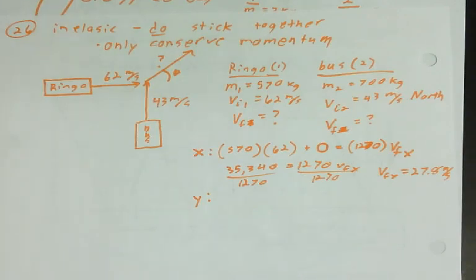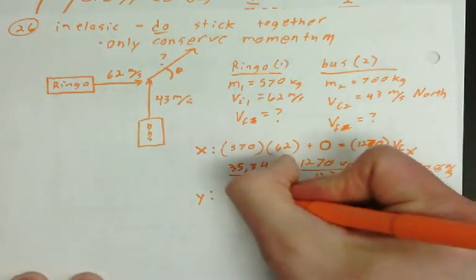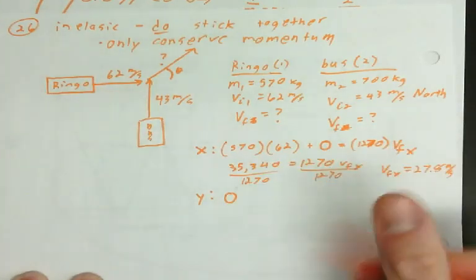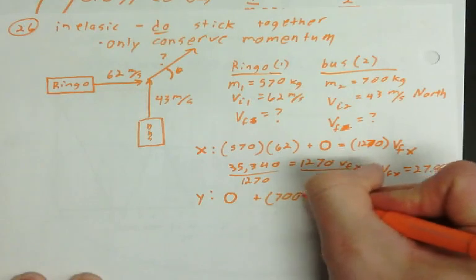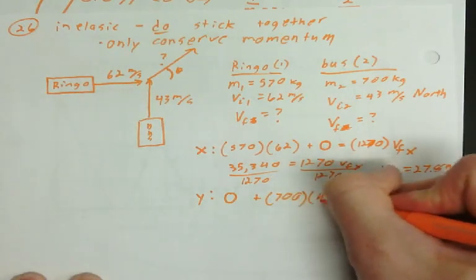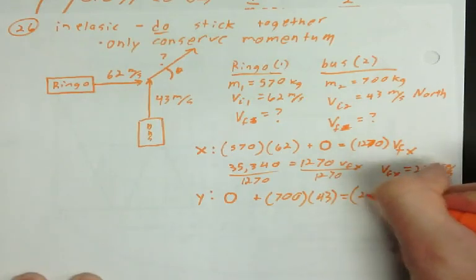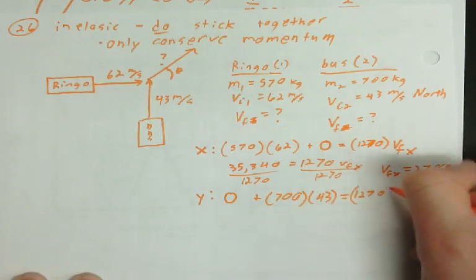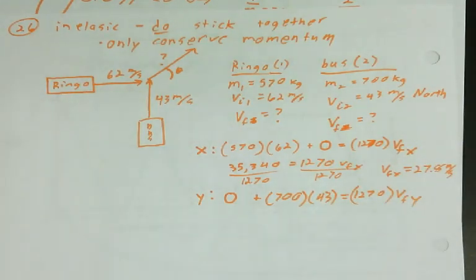Okay, now I'm going to do the same thing for the y direction. So vertical motion. Well, vertical motion for Ringo is 0 because Ringo's going side to side. So the vertical motion is 0 plus the bus's value, which is 700 times 43, equals, now we combine them, 1270 times v final, but this is the y v final. So you just divide by 1270 to get the velocity.